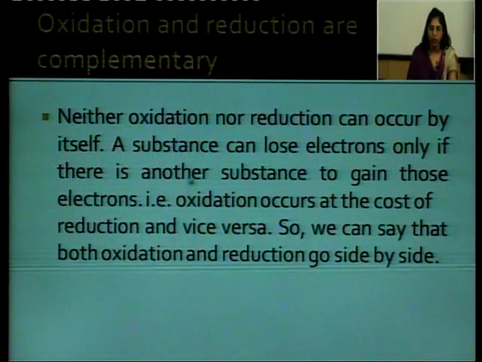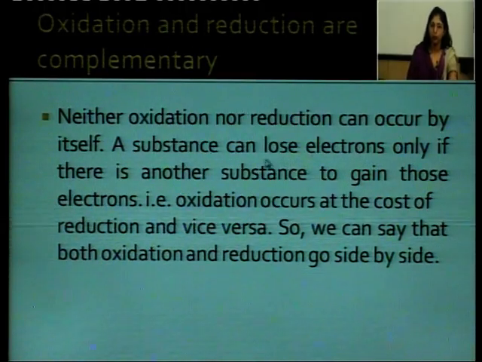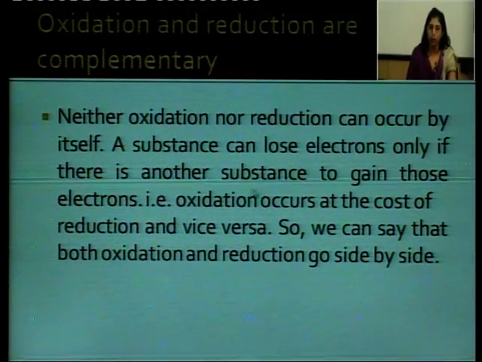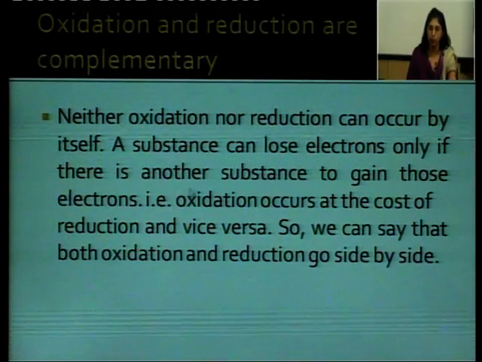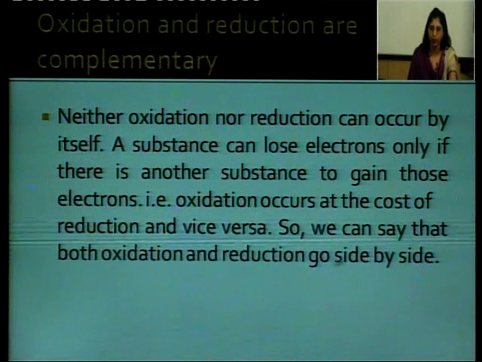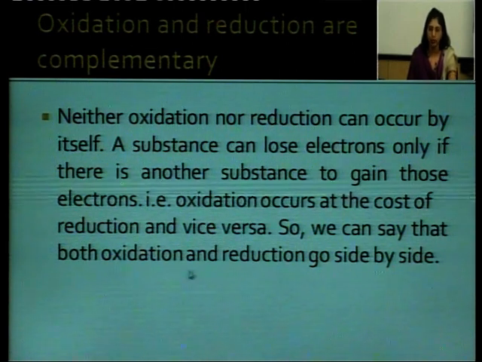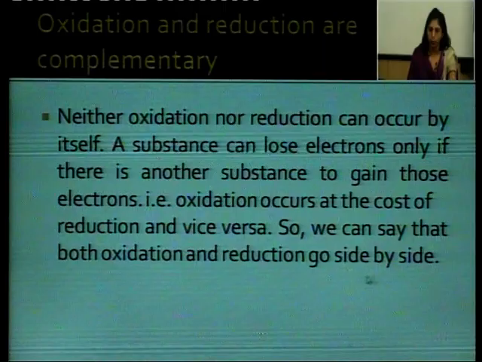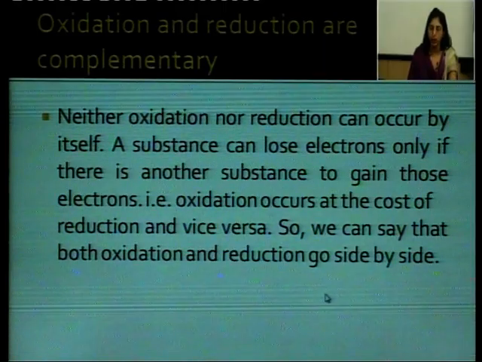That means, oxidation, that is, loss of electrons, will occur only if there is another substance which is to gain those electrons. So, we can say that both oxidation and reduction go side by side.